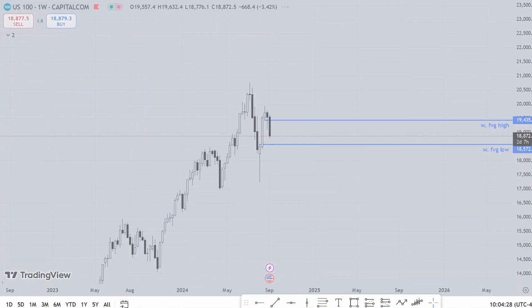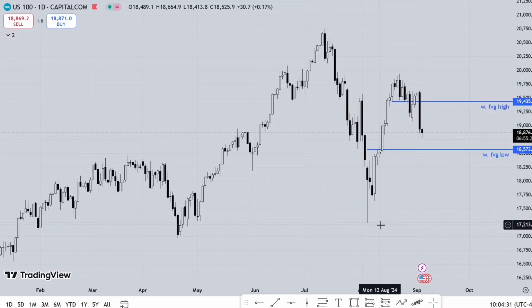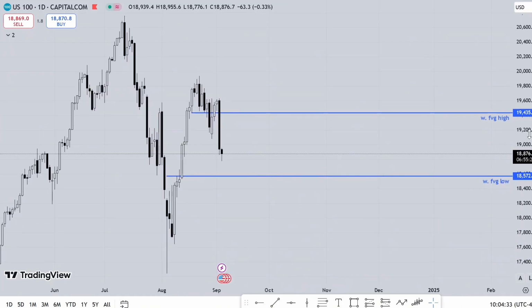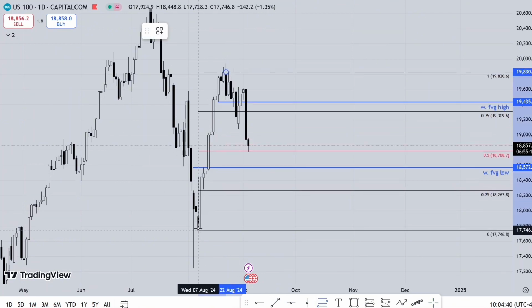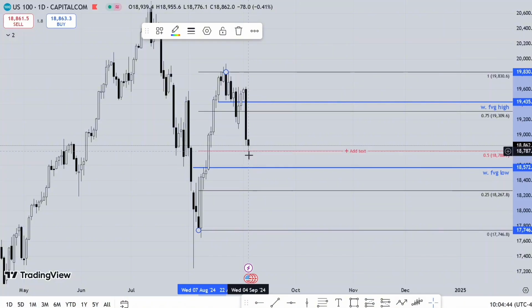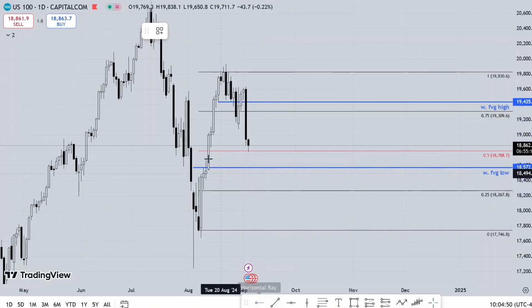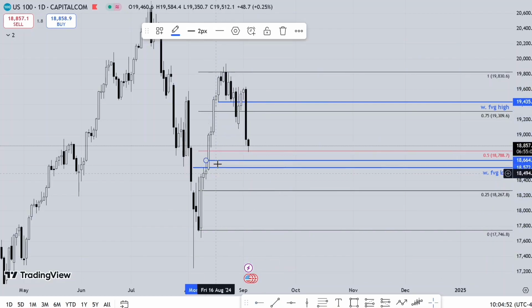And daily, to measure this, the bodies, to the body, currently at equilibrium. We currently pierced equilibrium during today's trading. So you have this daily fair value gap. The low of this BC is at a discounted point in price in respect to this range.